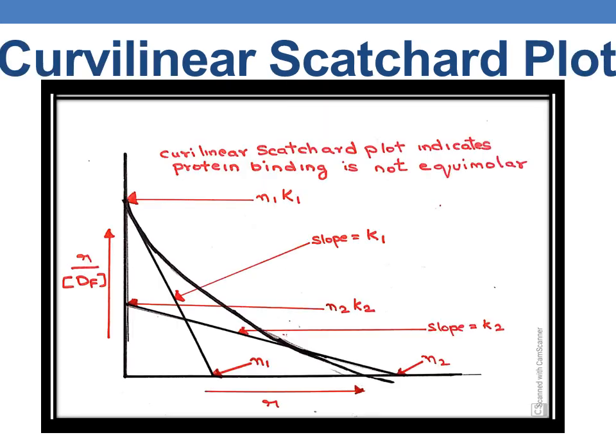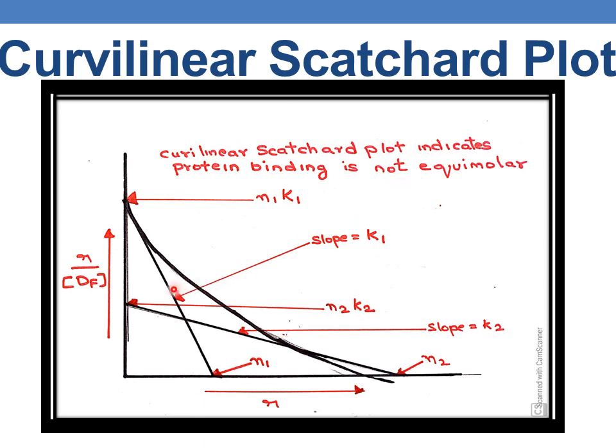Now when we look at the curvilinear Scatchard's plot, as we can see here, the graph is curvilinear, and it indicates that protein binding is not equimolar and there is more than one binding site on the protein.